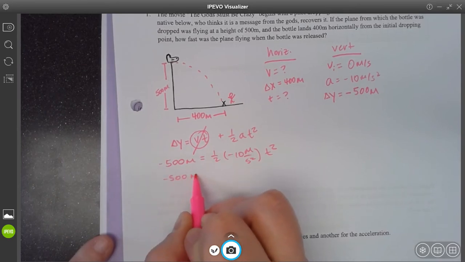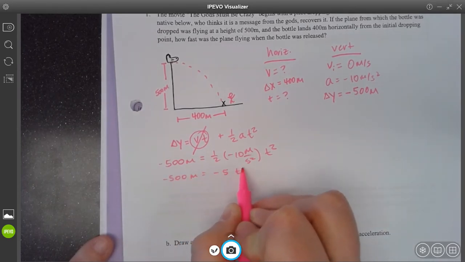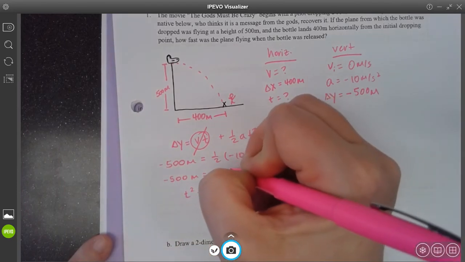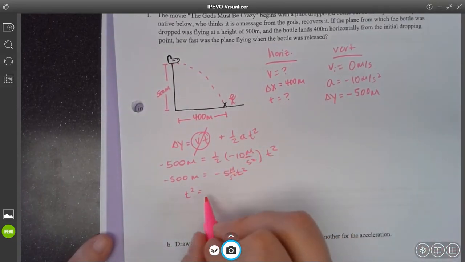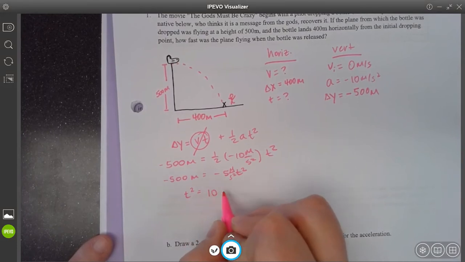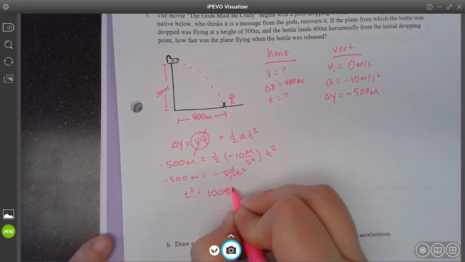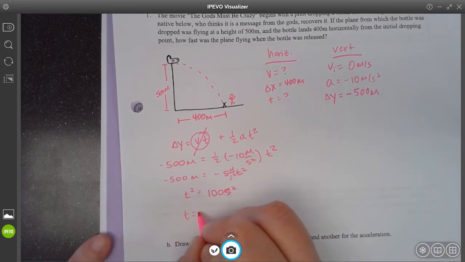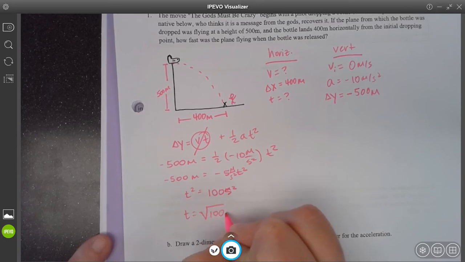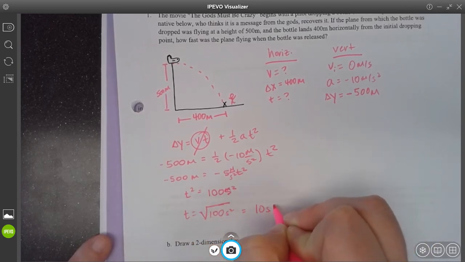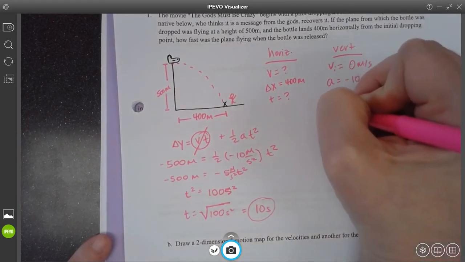Minus 500 meters equals minus 5 times t squared. T squared equals 100 seconds squared. So time is equal to the square root of 100 seconds squared, or 10 seconds. So we know time is 10 seconds.